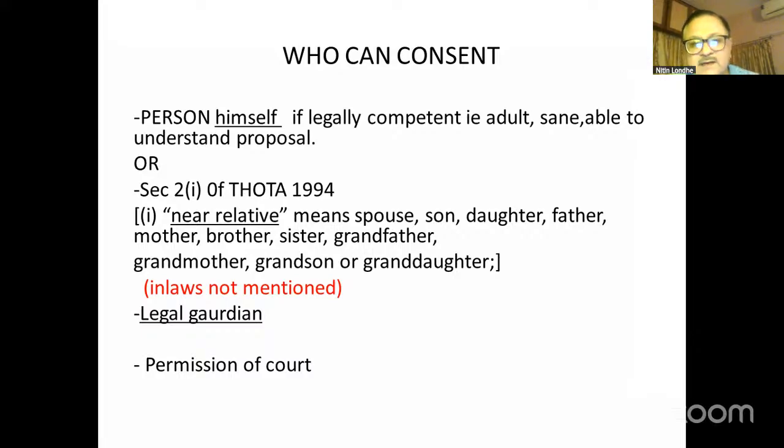This is defined in the THOTA, also known as the Human Organ and Tissue Transplant Act 1994, where the near relative is very specifically defined: it can be the spouse, son, daughter, father, mother, brother, sister, grandfather, grandmother, grandson, or granddaughter. What is important to note is that in-laws are not mentioned as near relatives.